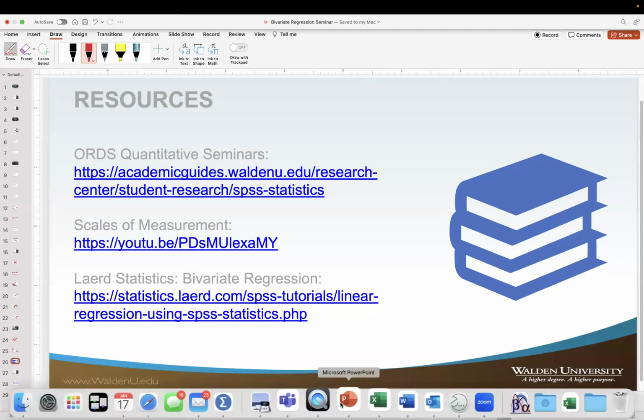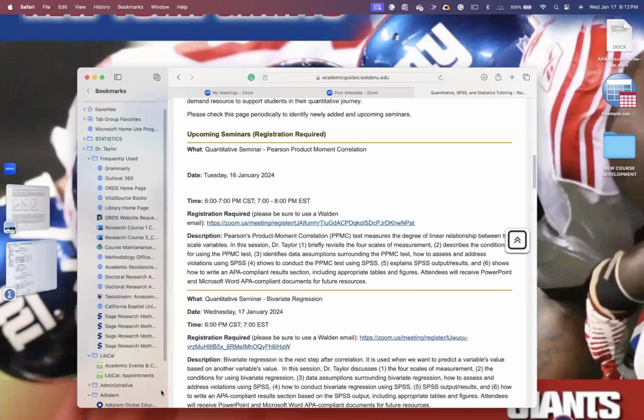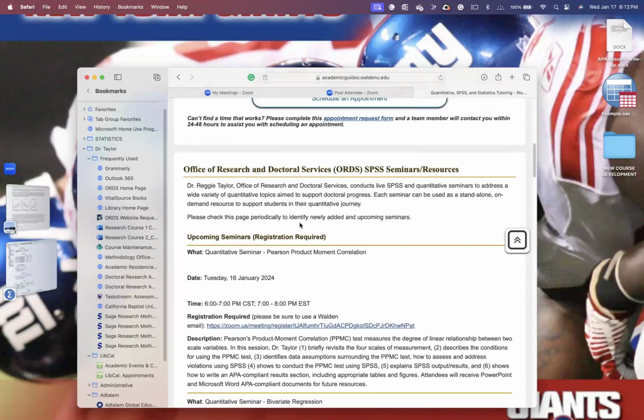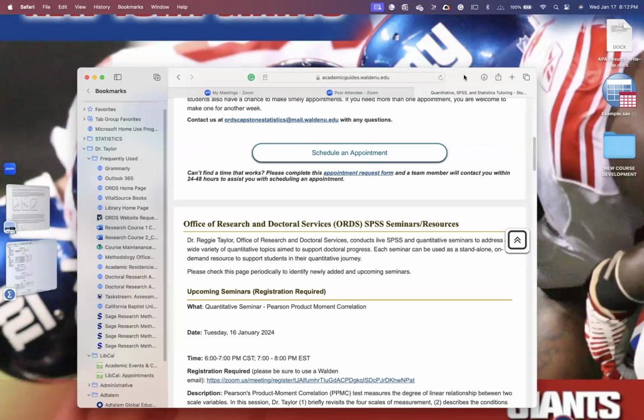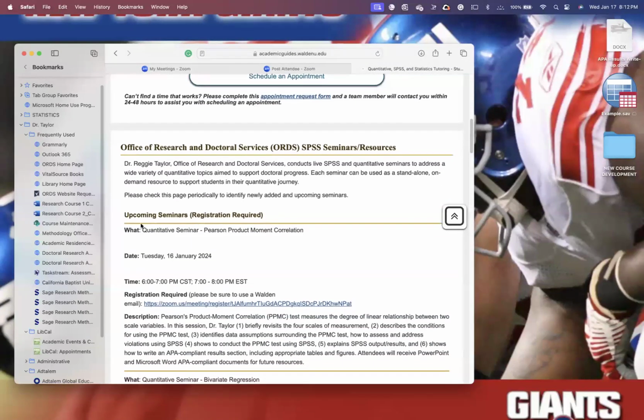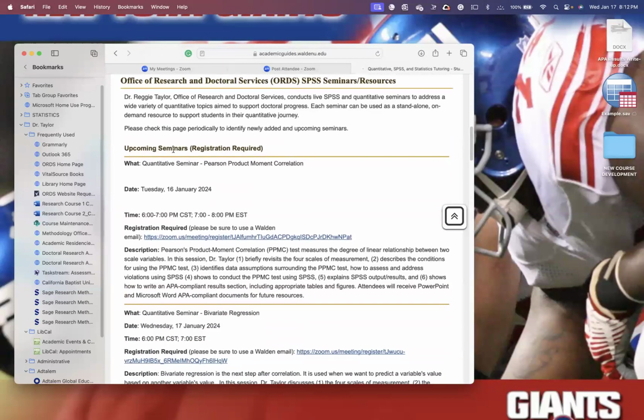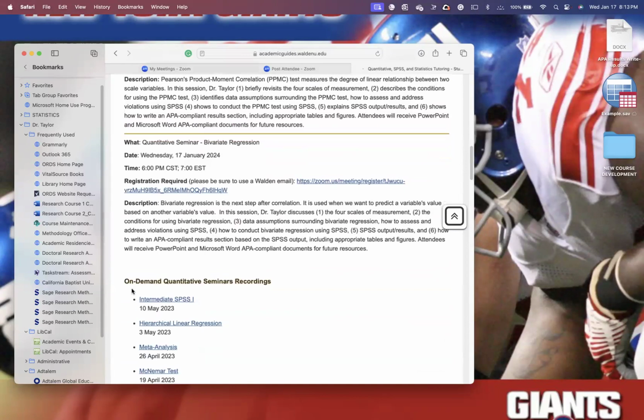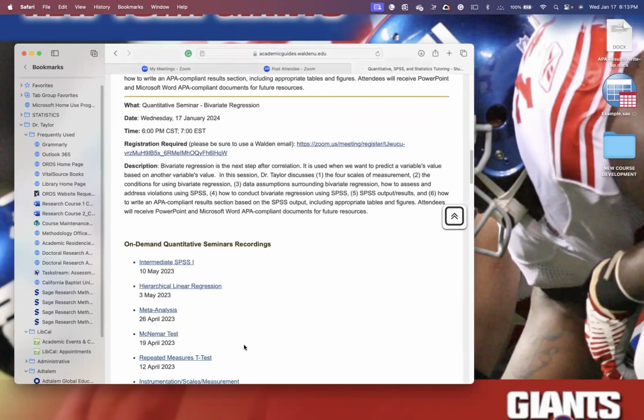Yeah, quantitative seminars. That first thing is going to take you to this page, okay? Save this link as a bookmark, because as you can see, all of the upcoming seminars are here, okay? And when they're completed, they will move down here as a recording for you to have. And a list of recordings.